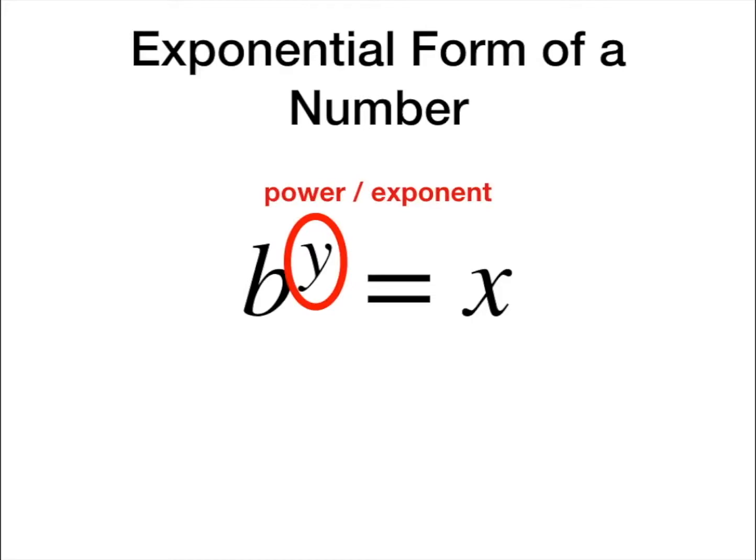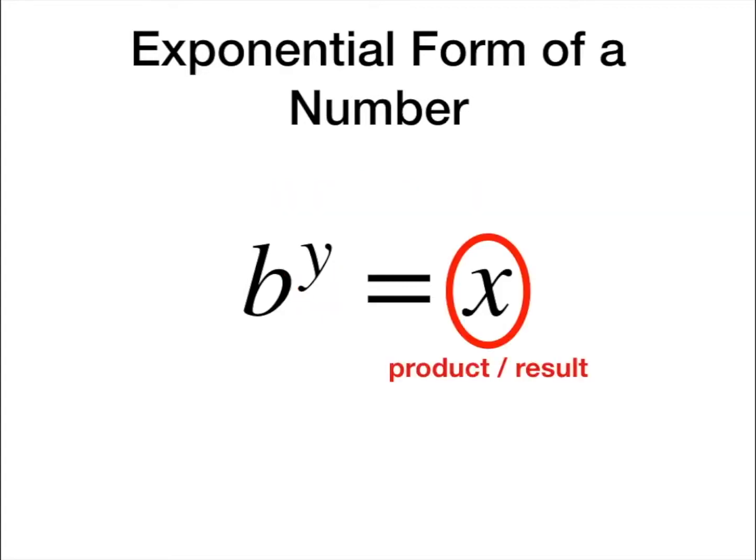The superscript y stands for the power, or the exponent by which the base is raised to. And x here stands for the product or the result of the base having been raised to a power y.